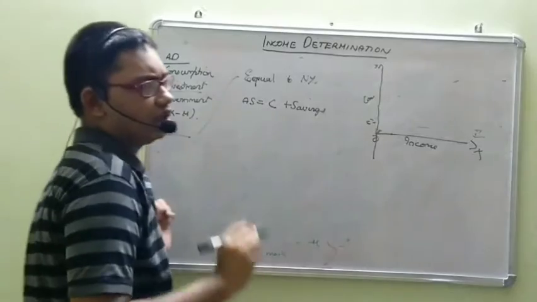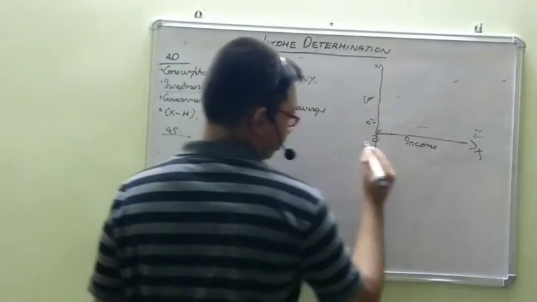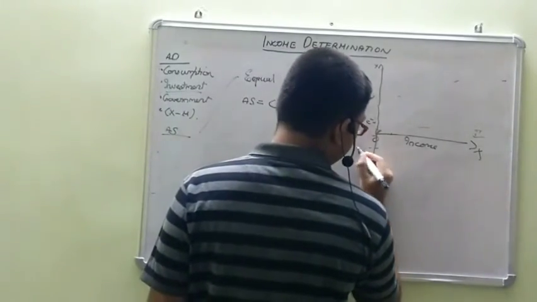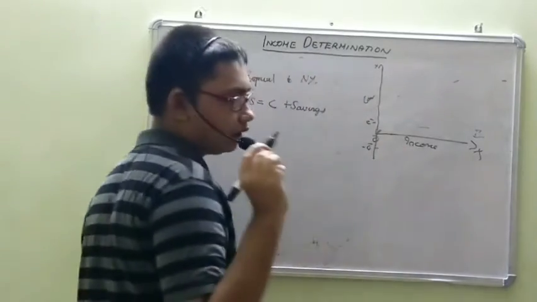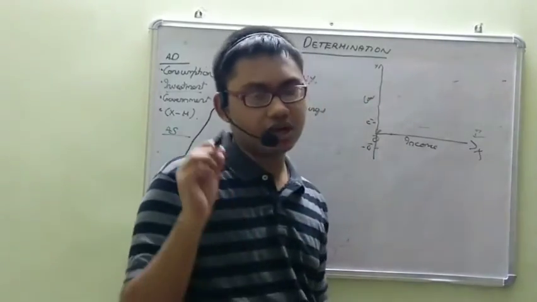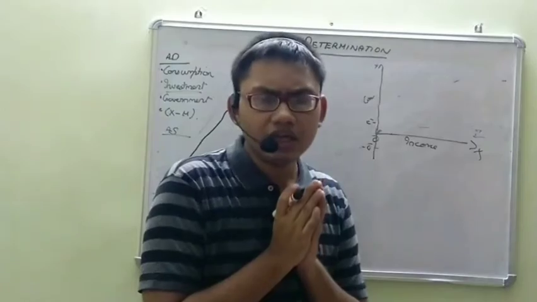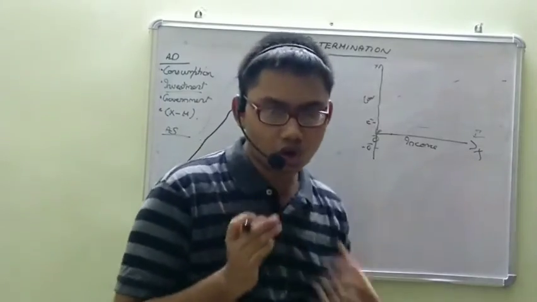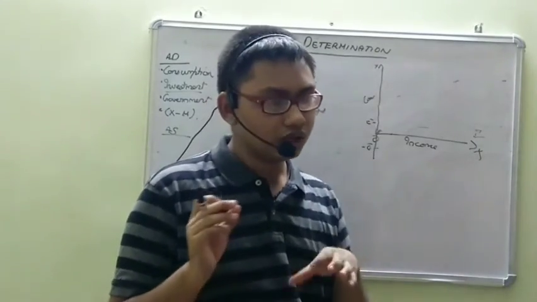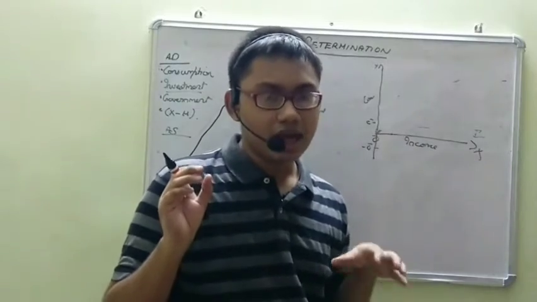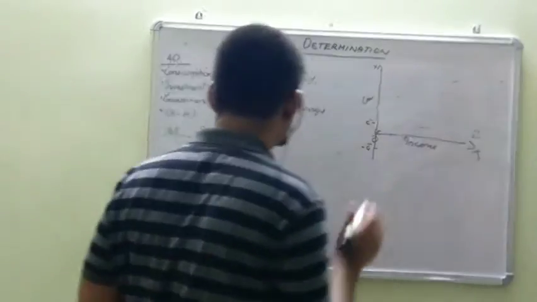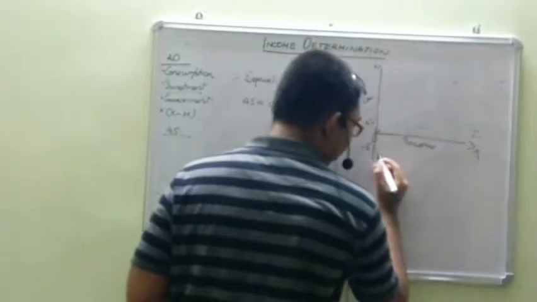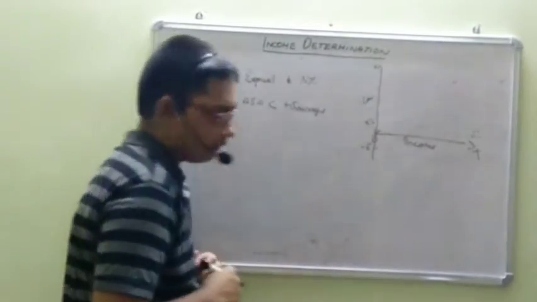So initially there will be savings of minus C bar. C bar is the level of consumption at zero level of income. So that C bar should be drawn from savings. So at zero level of income there will be this negative savings.